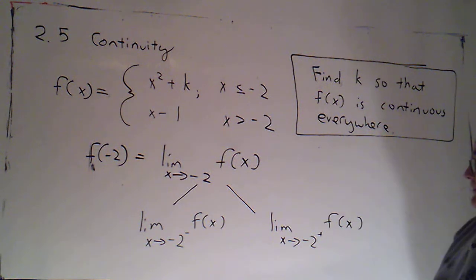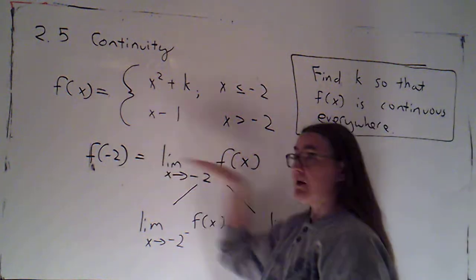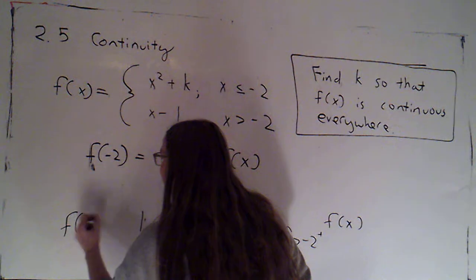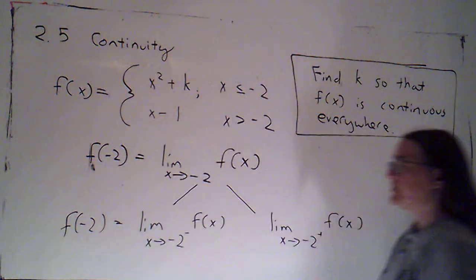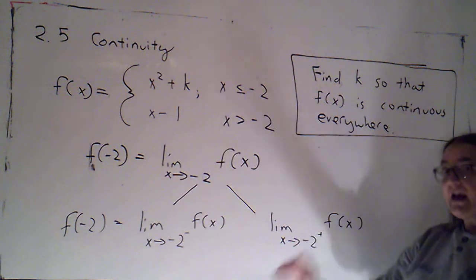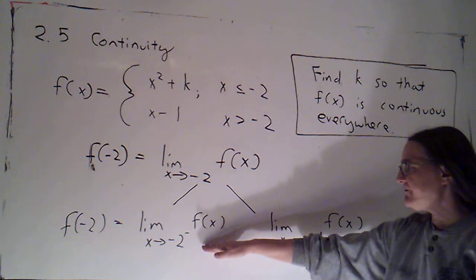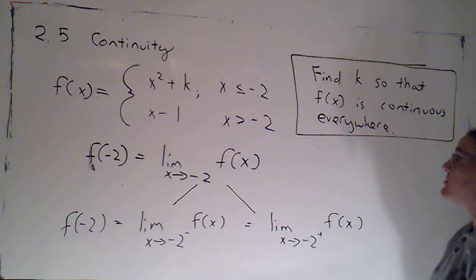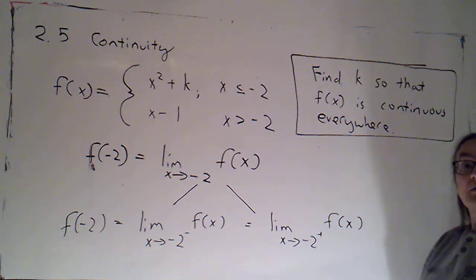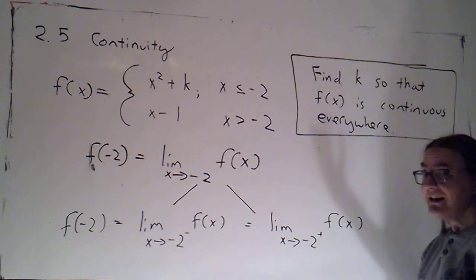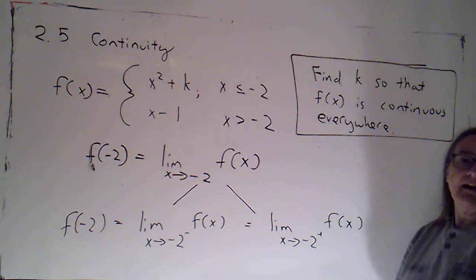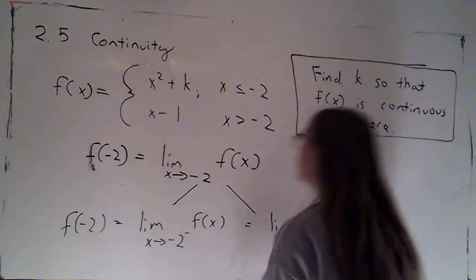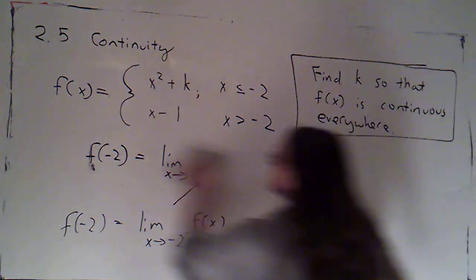So even though the definition only requires that two things be equal, the limit and the function value, the way I'm going to work this out is by setting three things equal to each other. The function value has to equal the limit from the left, and that has to equal the limit from the right. If those three things are equal, my function will be continuous at negative 2, and we can see by inspection that it's continuous everywhere else. Okay, so let's just evaluate those three things.